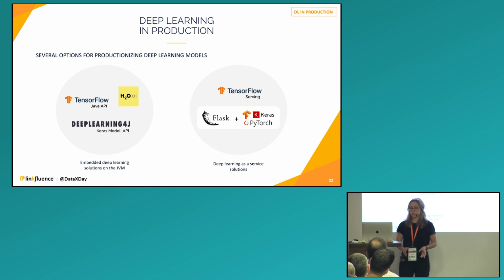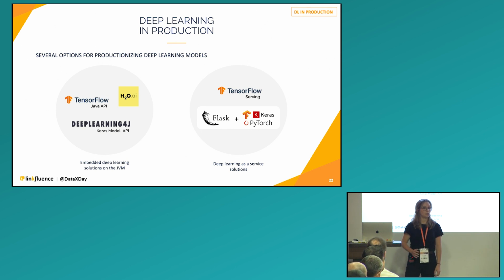But when you're running on the JVM, you mostly have 2 alternatives. The first is to embed your model directly into your stream processing application, either by using the TensorFlow Java API or Deeplearning4J, which has a Keras model API, or using the H2O.ai framework.